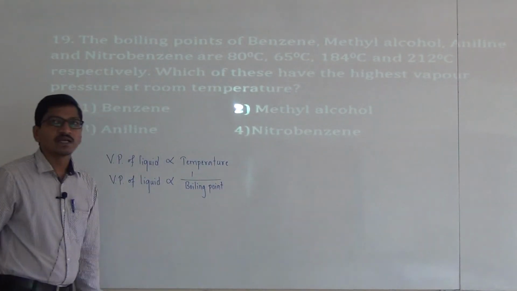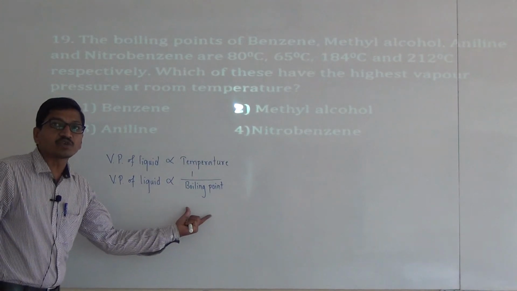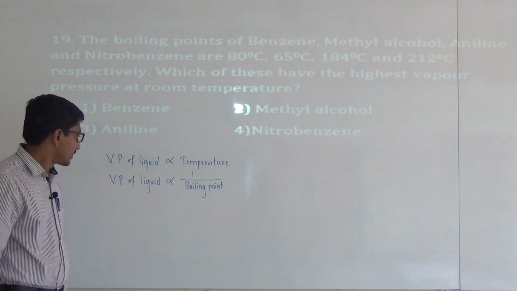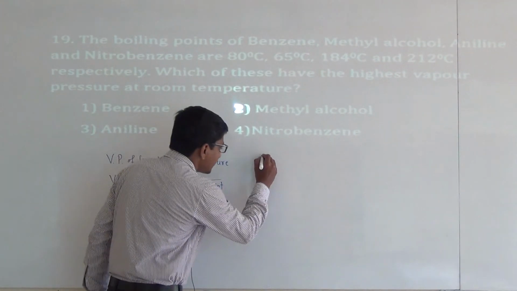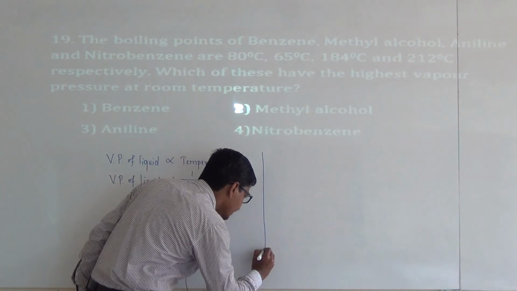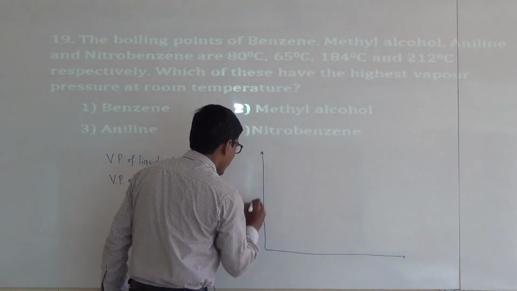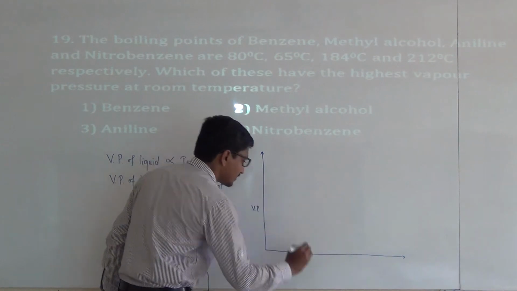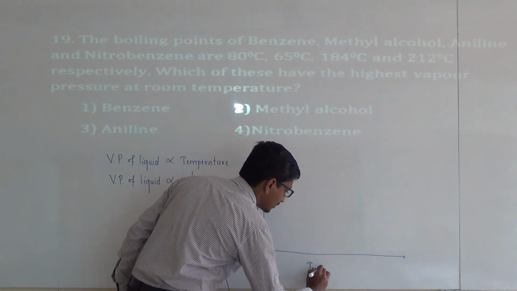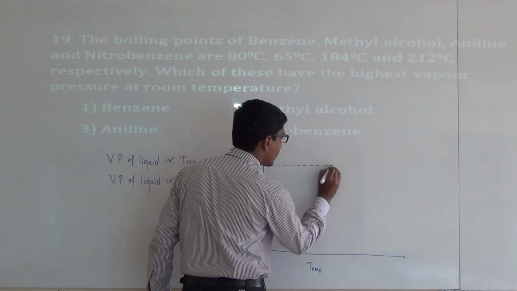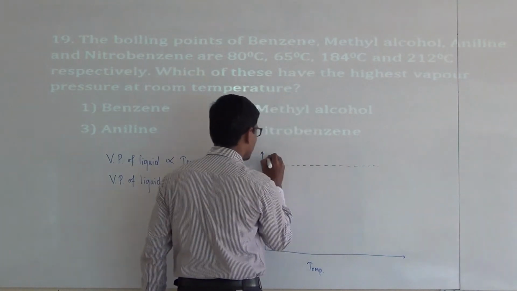Boiling point is the temperature at which the vapor pressure of a liquid becomes equal to atmospheric pressure. This is represented graphically by plotting vapor pressure versus temperature, and this line represents the atmospheric pressure.